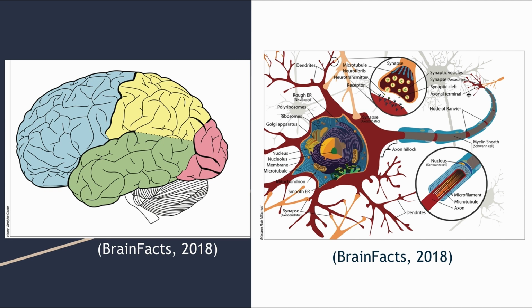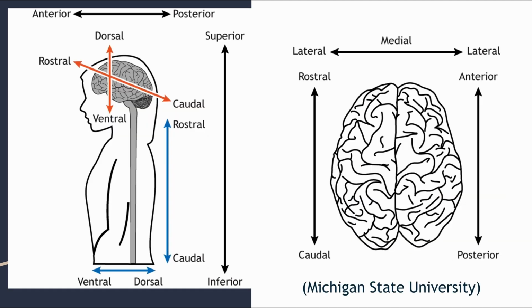Let's move on to some of the vocabulary that we use to identify parts of the nervous system and our brains. Let's start with the right one. This seems simpler. Let's start with the front and back side of our brain when we observe it from the bird's eye view or top view.